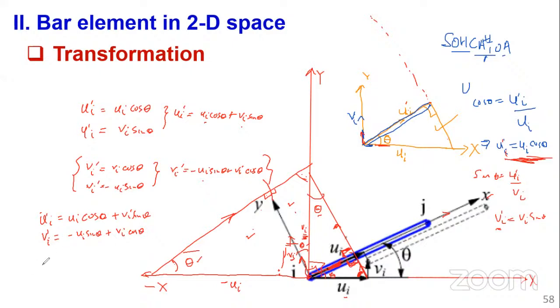So you can write in matrix form, u prime I, v prime I, that's a displacement vector, is equals to cos, sine, minus sine, cos, and then we have UI, VI.